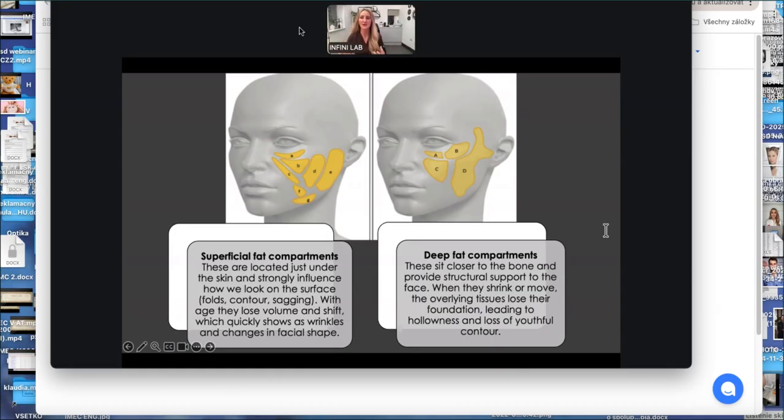You can easily see that the person who is naturally bigger often looks better in terms of wrinkles. Their tissue doesn't collapse that quickly because they still have that deeper structural support. So both types of fat pads age, but they age in completely different ways.